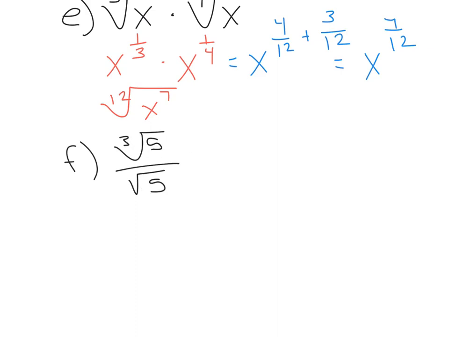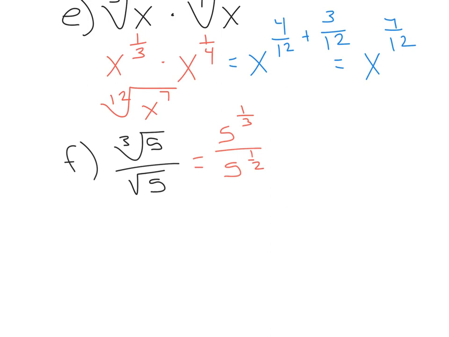So we're going to change these to bases that have fractional exponents. So the base is going to be 5, the exponent here is 1/3. The base here again is 5, the exponent is 1/2, because this index in here is implied to be 2, so this makes an exponent 1/2.